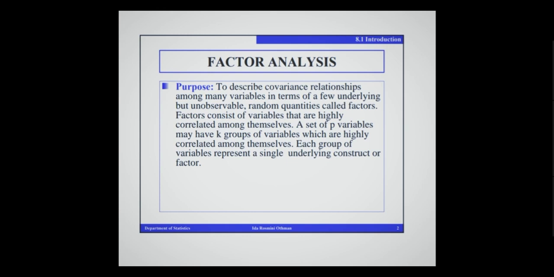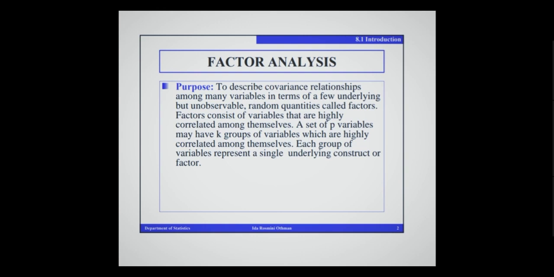Okay, kita akan tengok nanti dia punya method. Ada beberapa method, but before that you need to know how to calculate some of the value sebelum kita proceed kepada choosing which variables need to put in which factors.